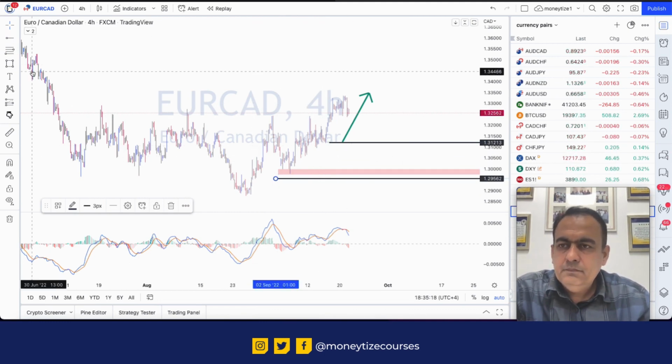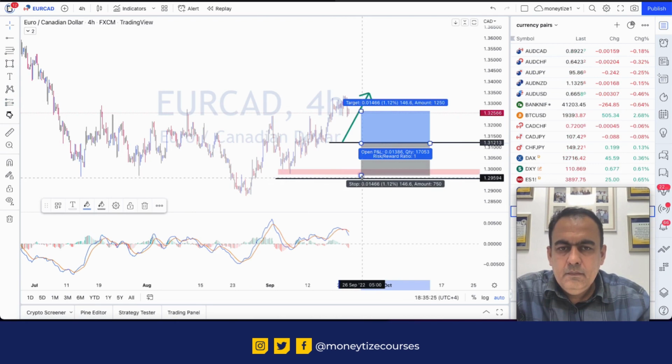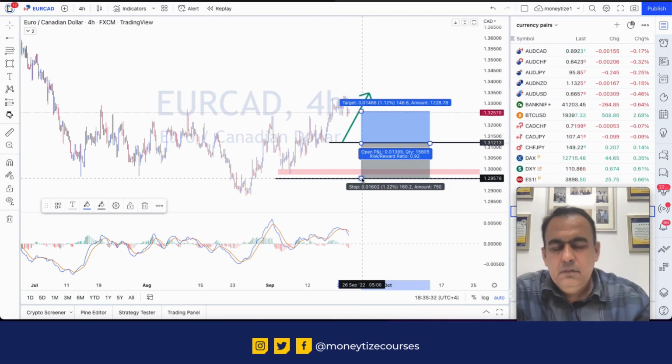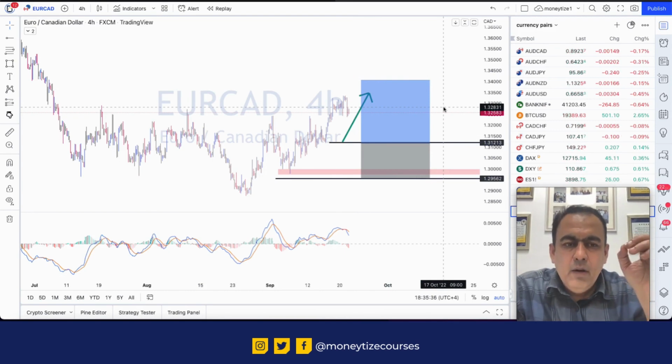So the risk here is 160 pips. To be honest, if I'm trading on a $1,000 account and I want to maintain a risk of 1 or 2% per trade, it's really very difficult for me to take a risk of 160 pips in this trade.